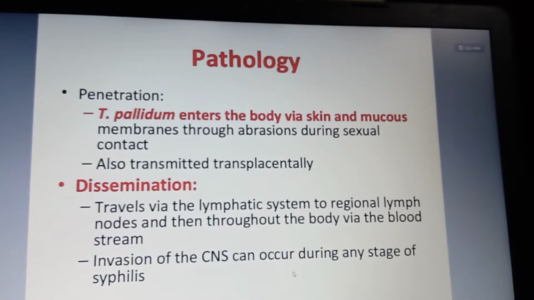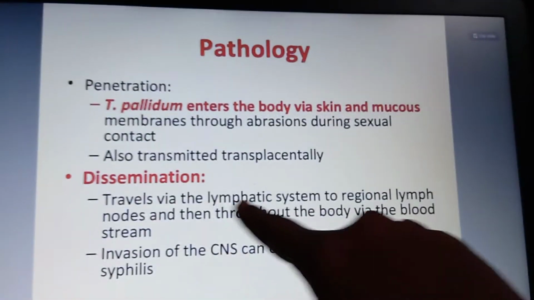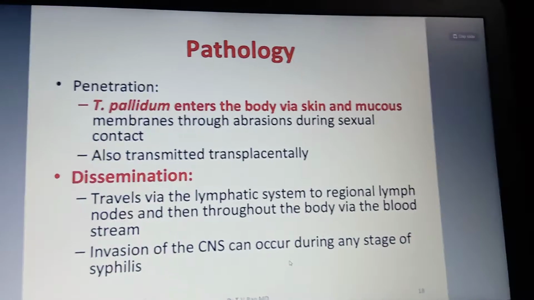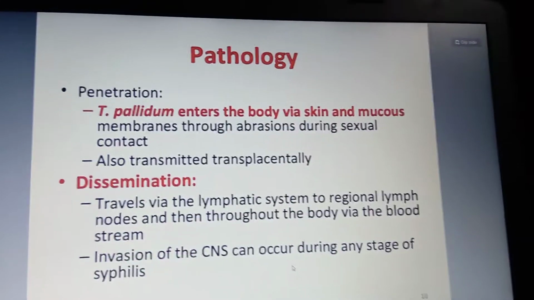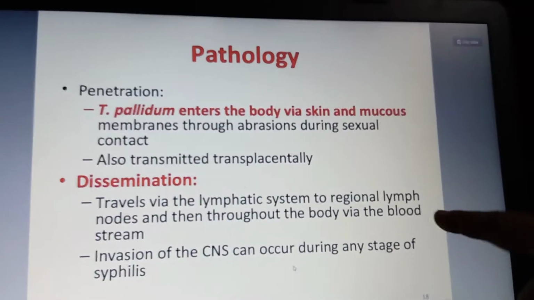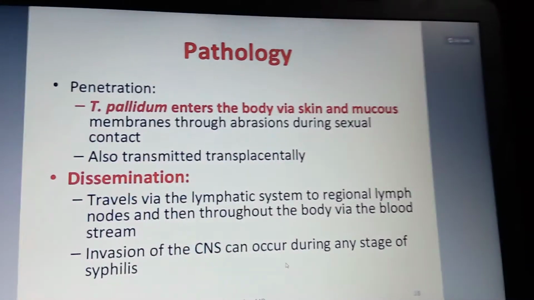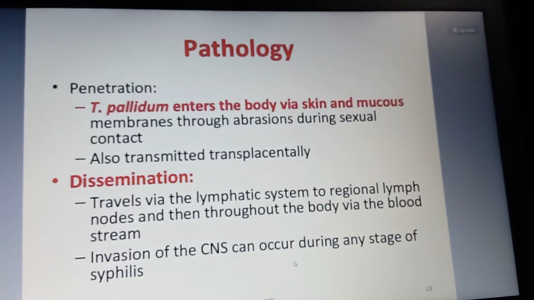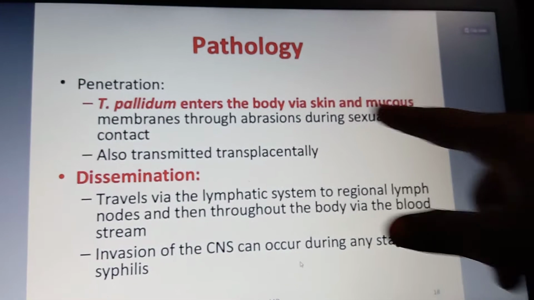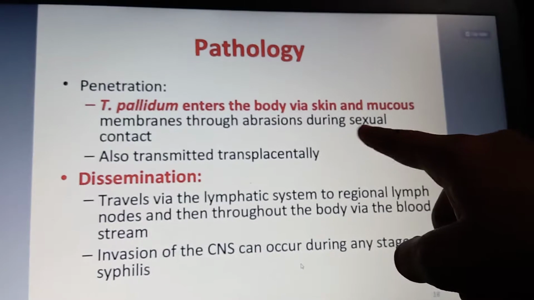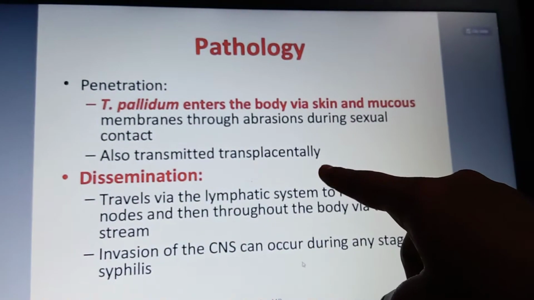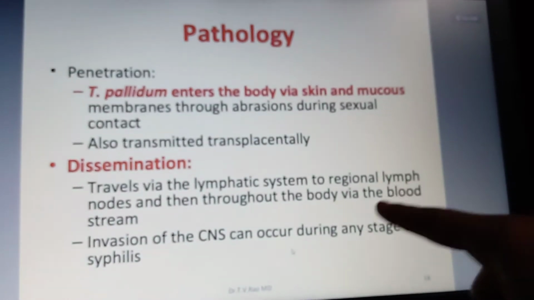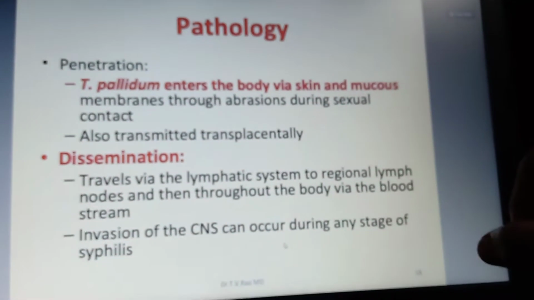And from that area it travels to the lymphatic system, the lymph node. The author first identified syphilis in the lymph node. Then via the bloodstream it is transmitted, and to the central nervous system also. So that is the pathology. It enters through the skin and mucous membrane through sexual contact, it is also transmitted to the placental area, and after that to the lymph node, and then to the central nervous system via the bloodstream.